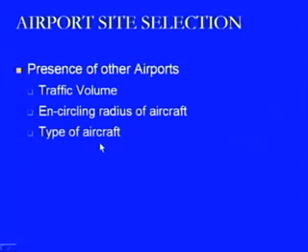This encircling radius is also dependent on the type of the aircraft. So, what type of aircraft are going to use these two different airports being provided side by side is another aspect. In the case of a domestic airport and an international airport, generally there is not a problem, because domestic airports generally have smaller aircraft as compared to international airports.